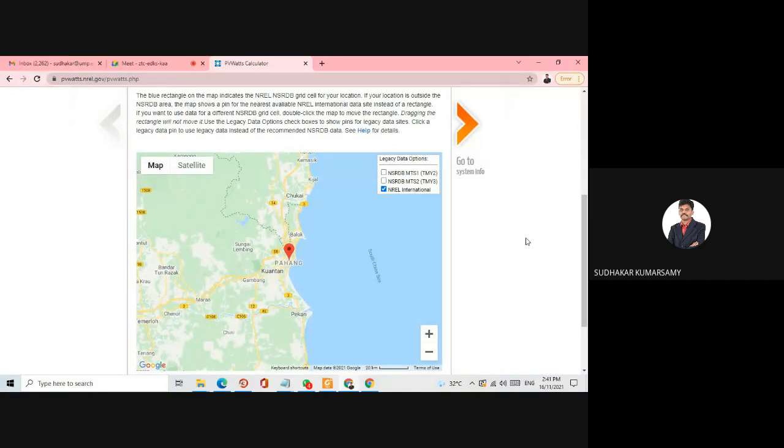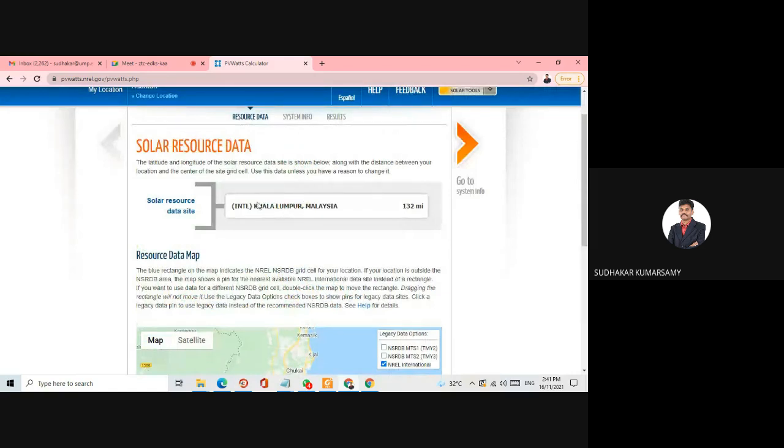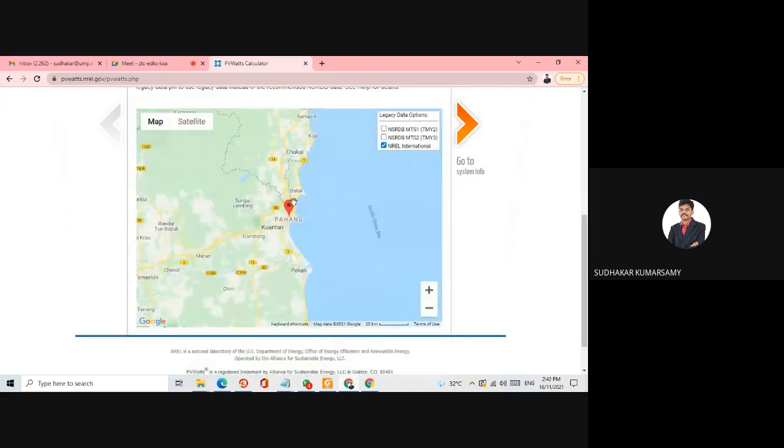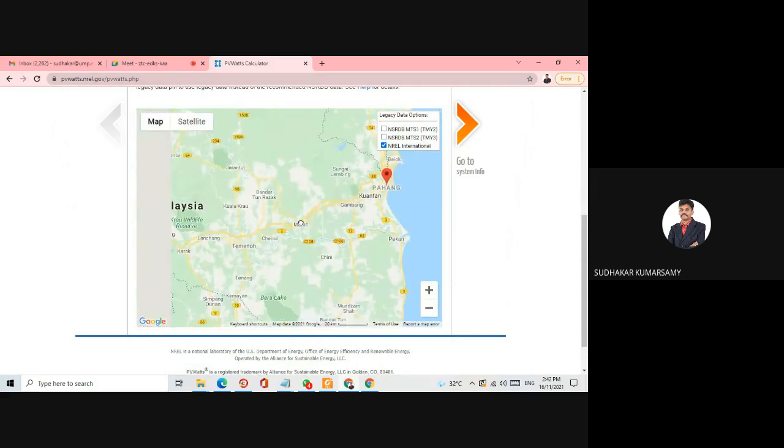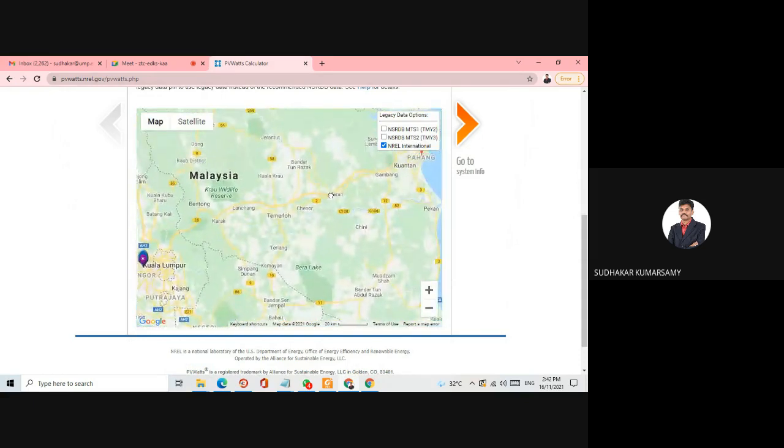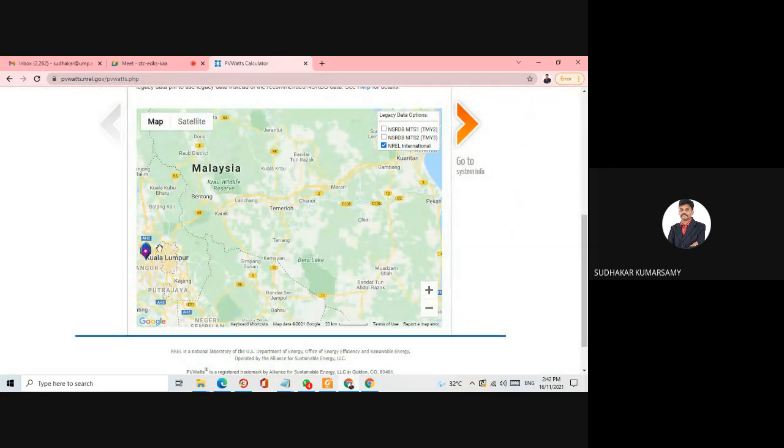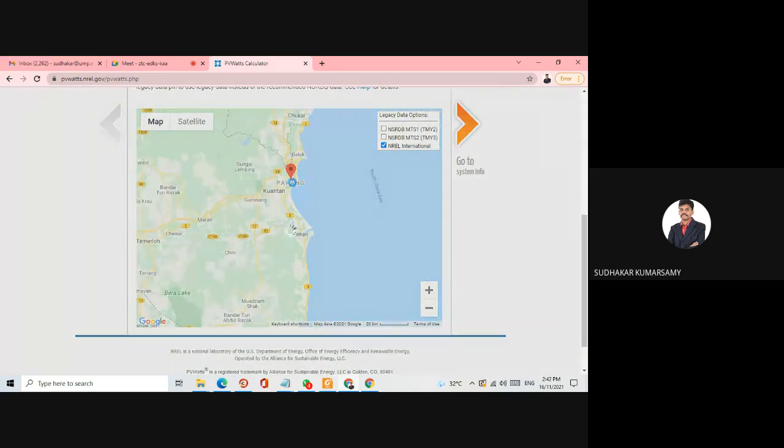In this case, by default, it is showing the Kuala Lumpur location, which is 132 miles away from this location. So it is taking the weather data of KL to do the simulation of this location.